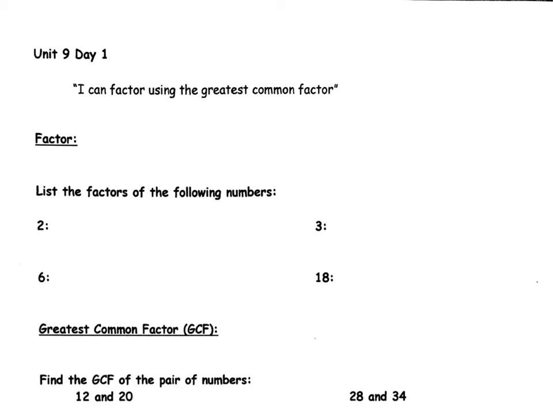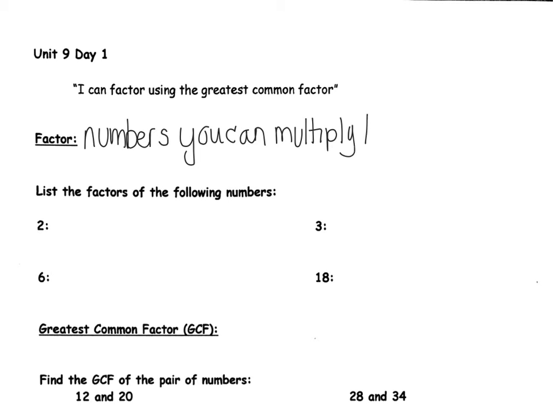And I'm going to start off with what you need to know. So our first definition here is factor. A factor or factors are numbers you can multiply together to get another number.